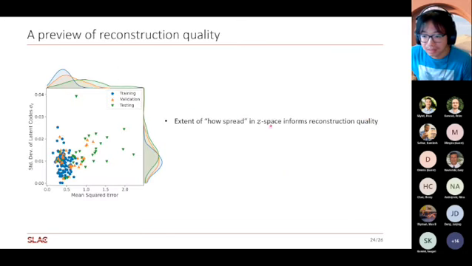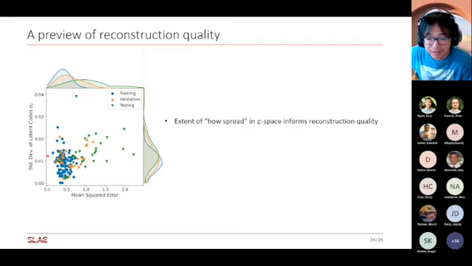Lastly, it's also interesting to note the connection between the reconstruction error and the spread of the latent code. Here I'm plotting the scatter plots. The horizontal axis is the mean squared error of your reconstruction in real space, and the vertical axis is the standard deviation of your latent code.